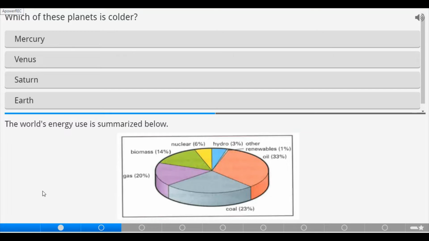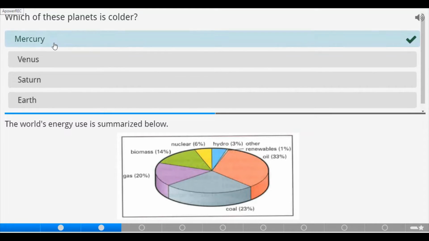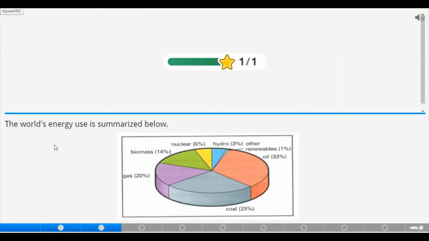Venus is behind the Earth, very close to Mercury. So Mercury is closer to the what? To the sun. So Mercury in itself is what? Hotter. So Mercury is the answer. Let's check. That's correct.